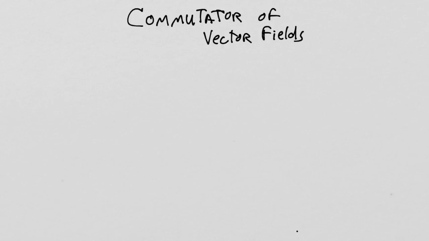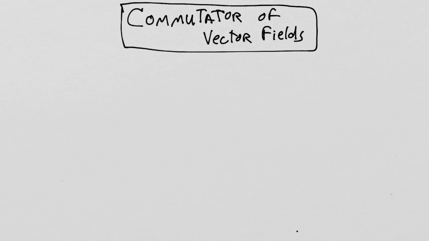All right, in this lesson, we're going to take a look at the commutator of vector fields. Where we're sitting right now is we have two ways of looking at this curvature tensor.